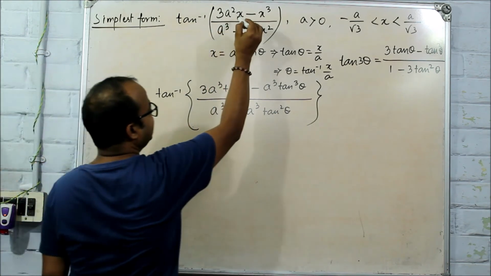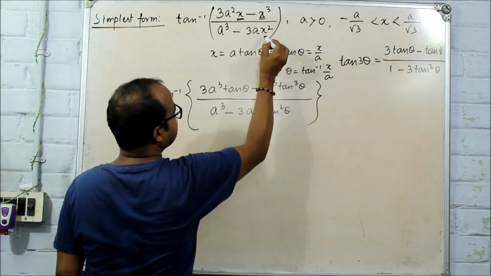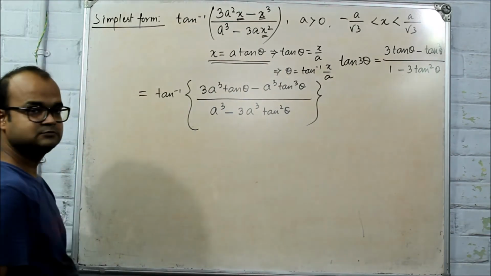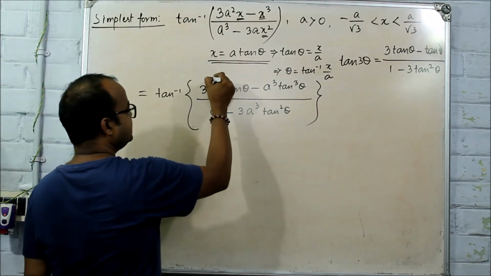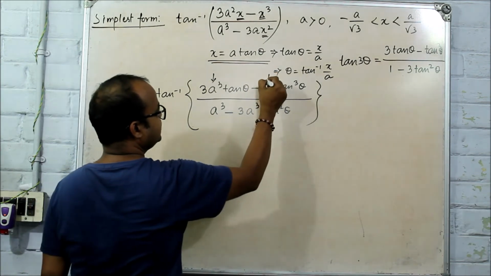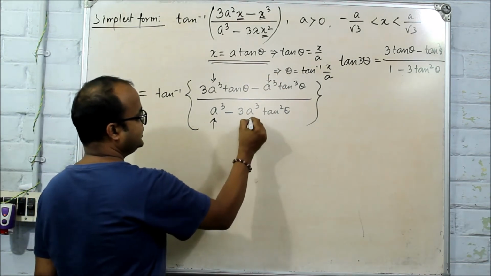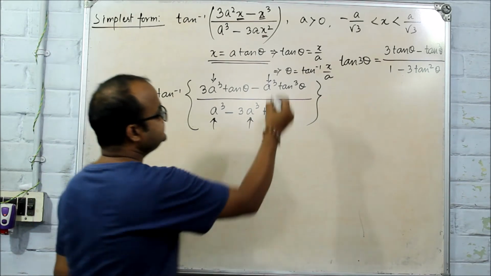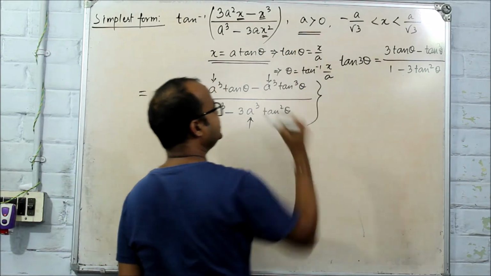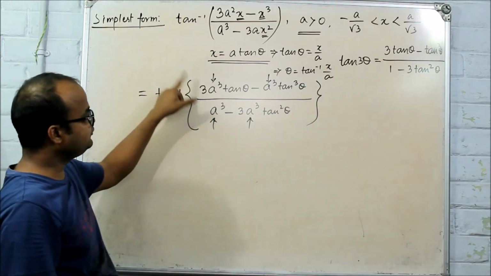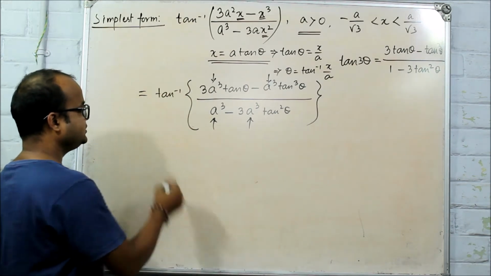In place of x, substitute x is equal to a tan theta. From numerator you can take a cube common. From denominator you can take a cube common. Since a is greater than 0, we can cancel a cube from numerator and denominator.